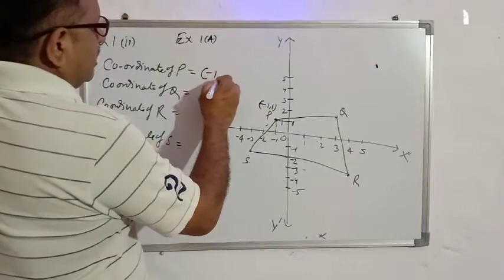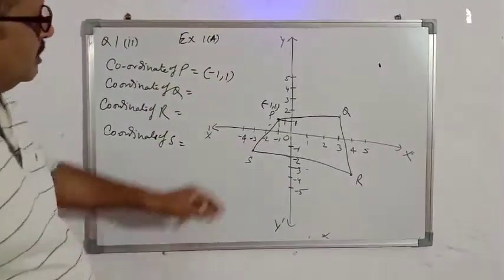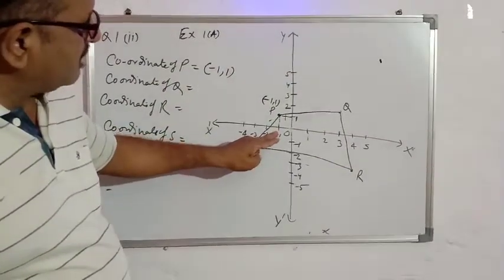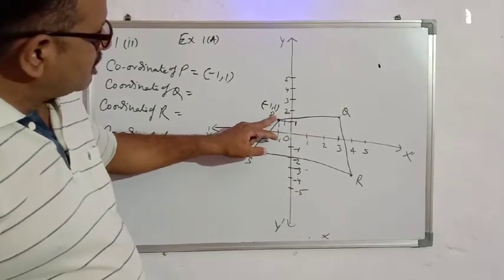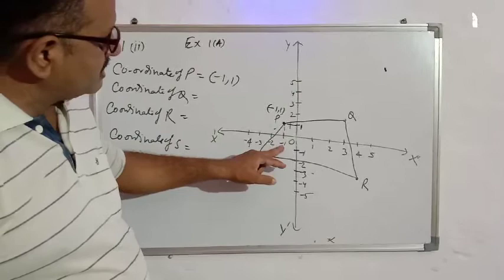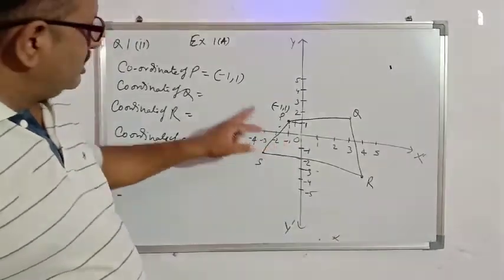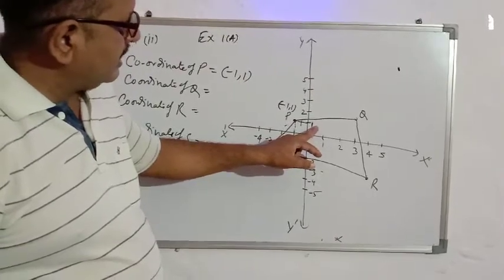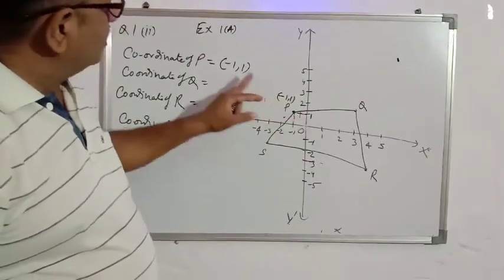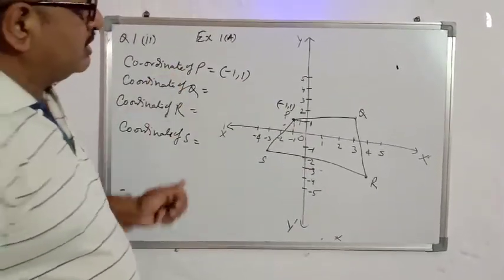So from P, draw perpendicular on the x axis and y axis. If we draw the perpendicular from P on the x axis, it meets at -1, so the x coordinate is -1. From P, the perpendicular on the y axis meets at 1. So the second component is 1.